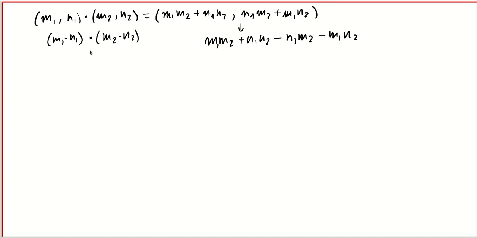Now if we multiply these two numbers using the distributive property, what we have is: this times this is m1 m2. Now this times this is minus m1 n2. This times this is minus n1 m2, and this times this is plus n1 n2.